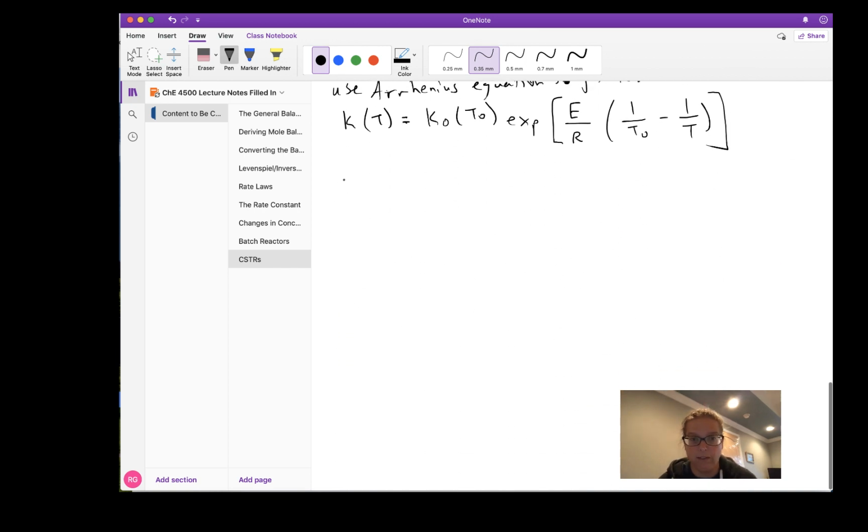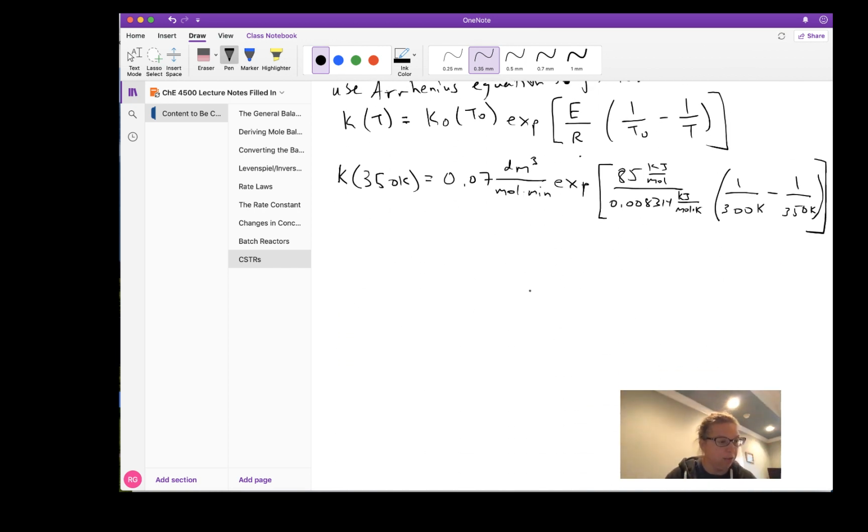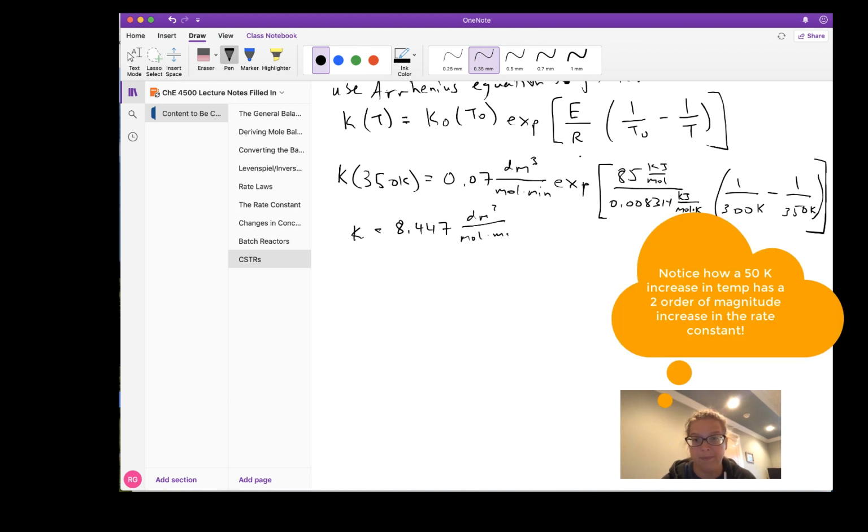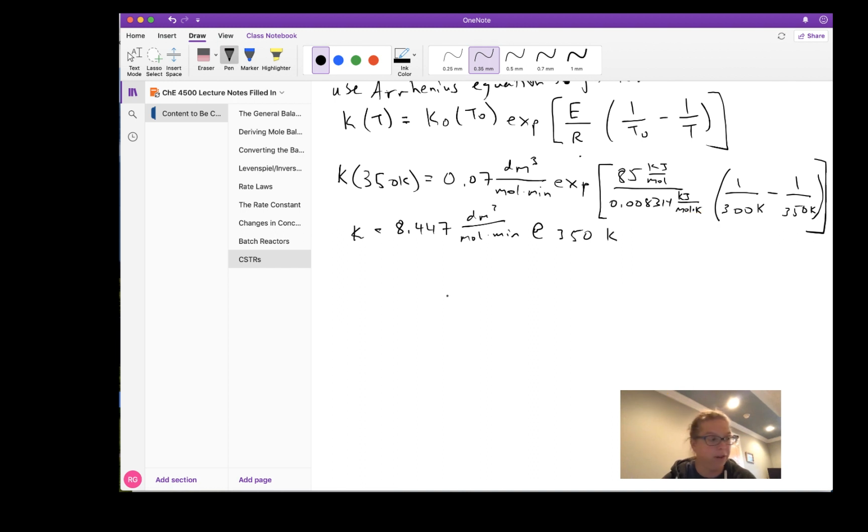We can fill all of that in, and it should give us our rate constant. I get a value of 8.447 cubic decimeters per mole per minute at 350 Kelvin.